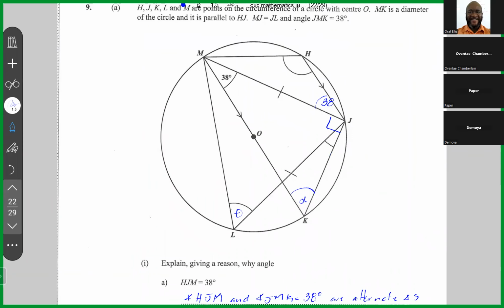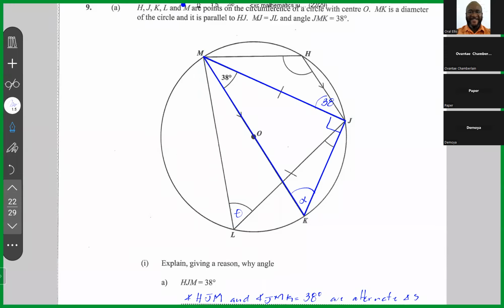Looking at this right angle triangle, the angles in a triangle measure what? 180 degrees.